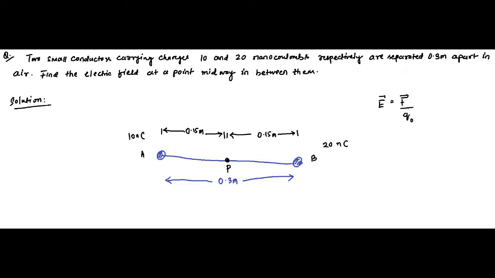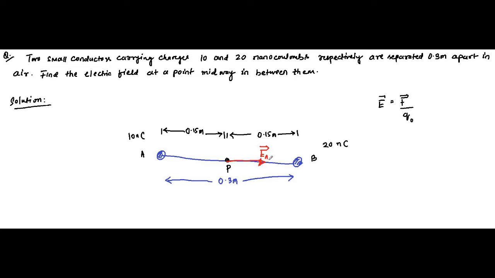So here the electric field intensity due to this 10 nanocoulomb charge at P, as there will be a force of repulsion between this plus 10 nanocoulomb charge and the unit positive test charge, it will be a repelling type. So the electric field vector will be something like this. This is EA vector.